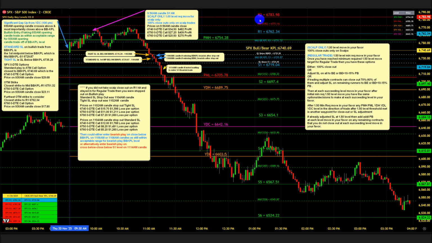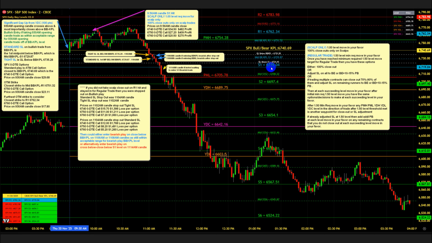Also, the line labels that you see here are also individually controlled by groups. So for example, the R1 through R6, S1 through S6 in the bull bear KPL are a group, the midpoint levels are a group, and the QL levels are a group.